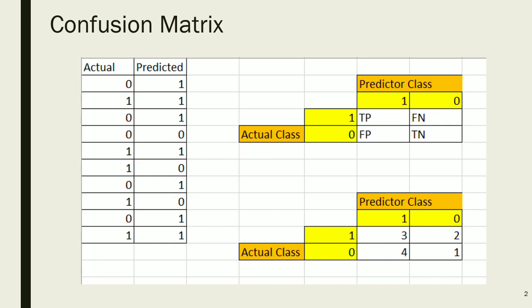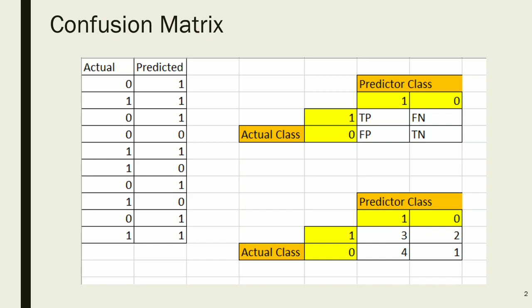I have called these classes 0 and 1. You can see the table in yellow and orange. This type of table is called a confusion matrix. This confusion matrix is the table where you see the number of accurate values and the number of wrong predictions that you have made.